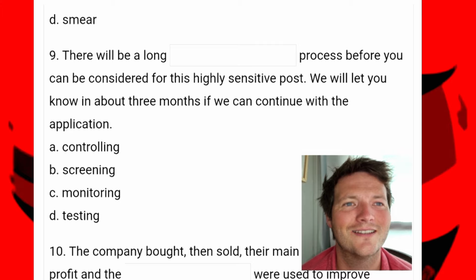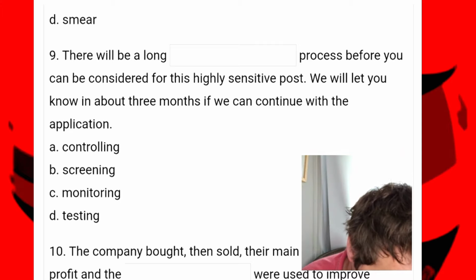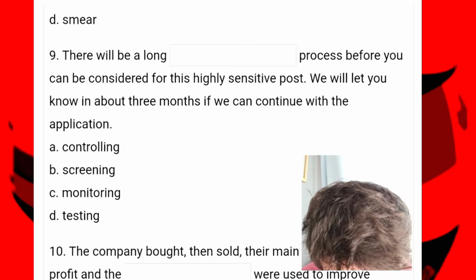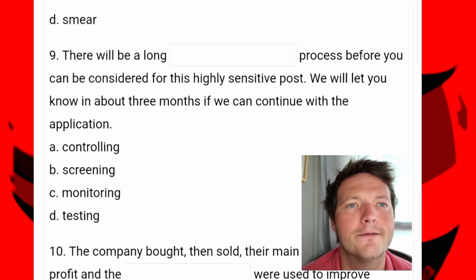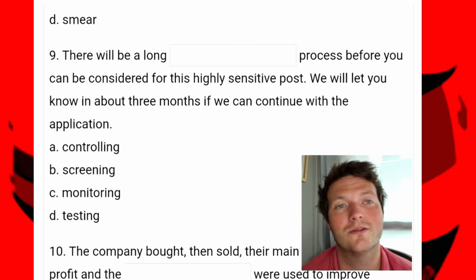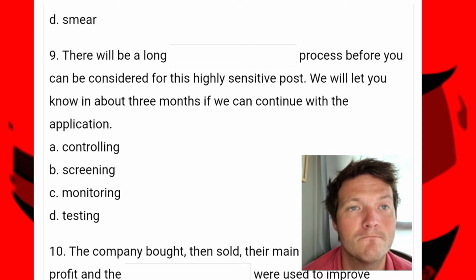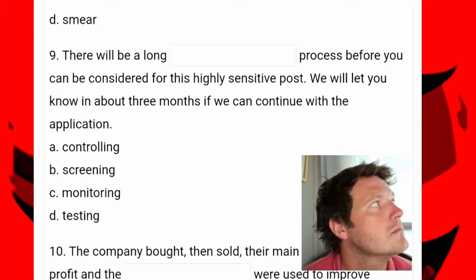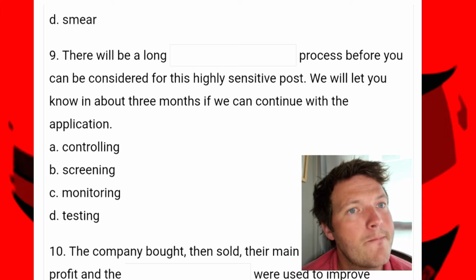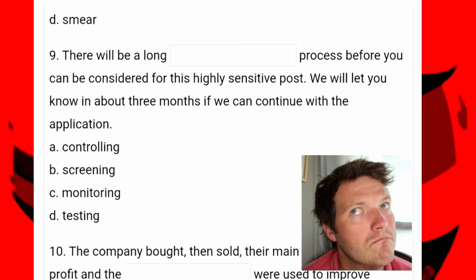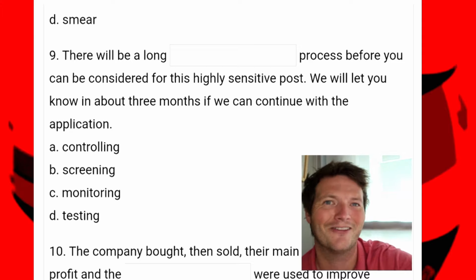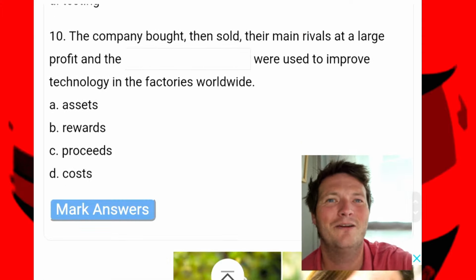So we call these processes of selecting a candidate screening processes. Why? I've never really thought about it. I don't know why. So there you go.